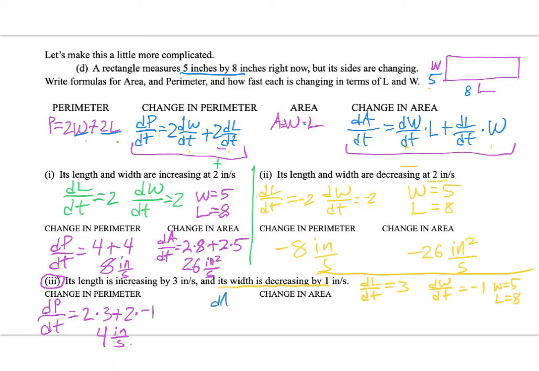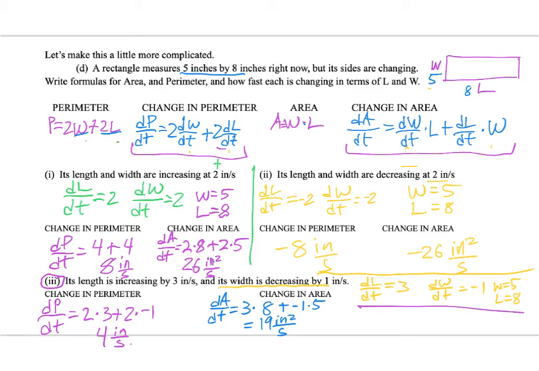Change in area, dA/dt, and again, this is using these values. That's going to be 3 times 8 plus negative 1 times 5, which is 19 inches squared per second.